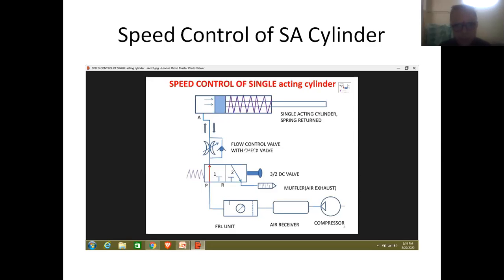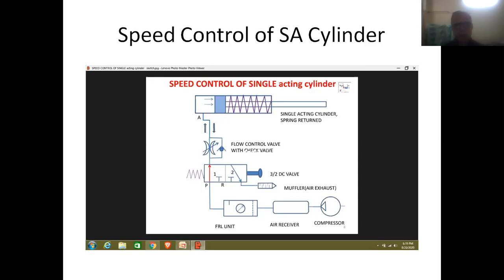Basically it is controlling the quantity of fluid entering the circuit or cylinder, so that's why it is called a flow regulator. And by controlling the quantity of fluid, it is controlling the speed of the fluid and also the speed of the piston moving inside the cylinder. Therefore, it is also called speed regulator.